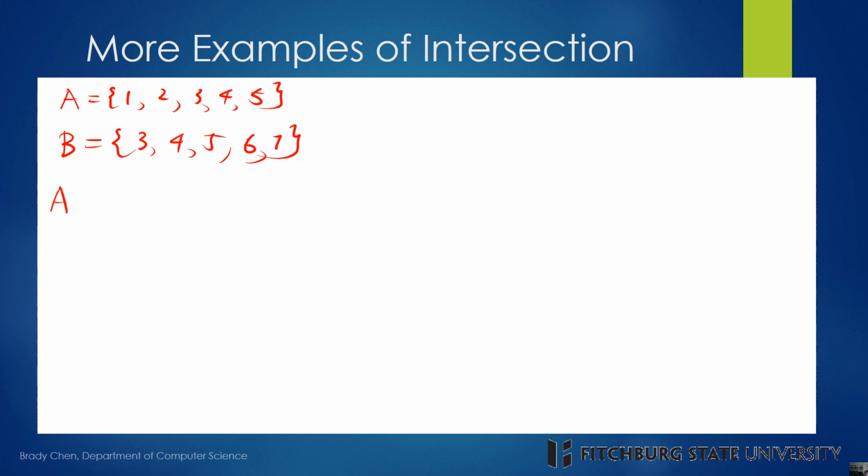Now what is A intersection B? We remember by definition, every element in the intersection must be in both A and B, right? So let's take a look at each of the elements in A.